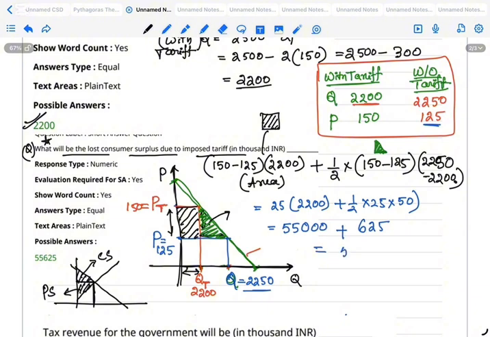So the total is 55,625. This is the correct answer.